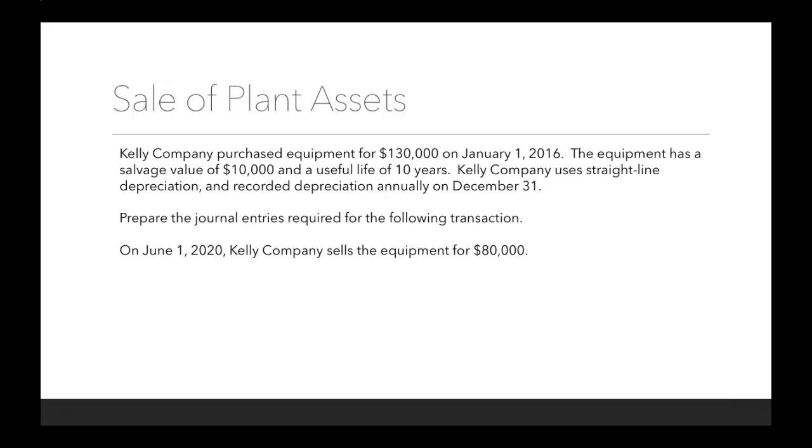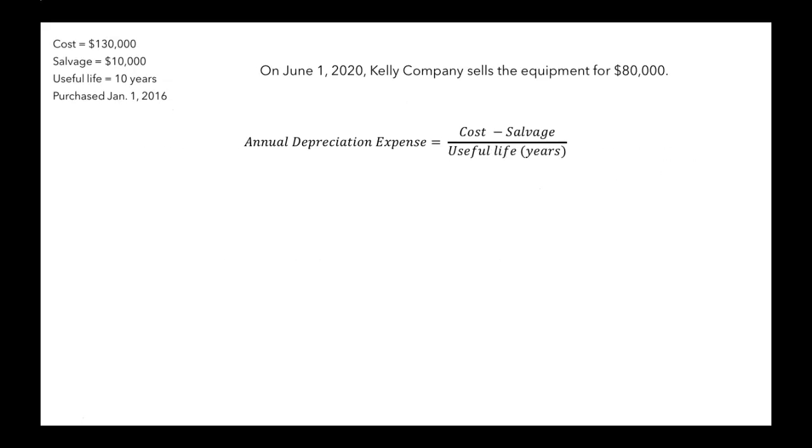On June 1st, 2020, Kelly Company sells the equipment for $80,000. Now, before we can even work on that journal entry, we need to figure out how much it has depreciated so far. So we need to calculate our annual depreciation. We were told that they use straight line, so we calculate our annual depreciation by doing cost minus salvage divided by its useful life in years.